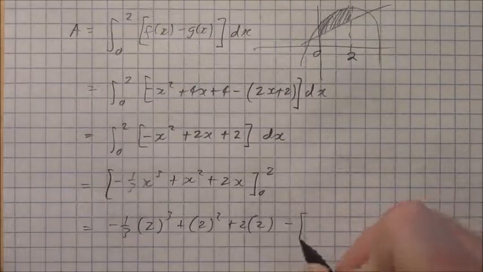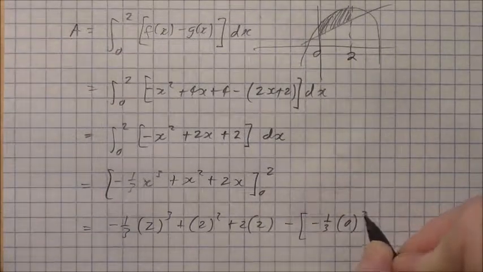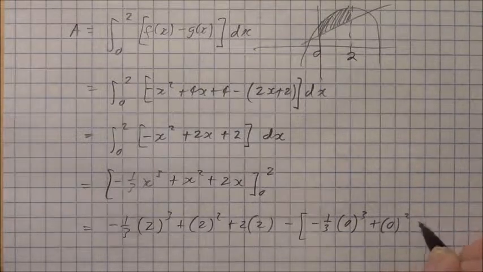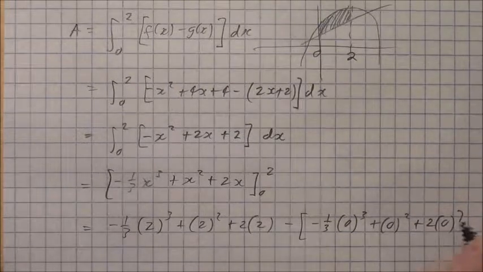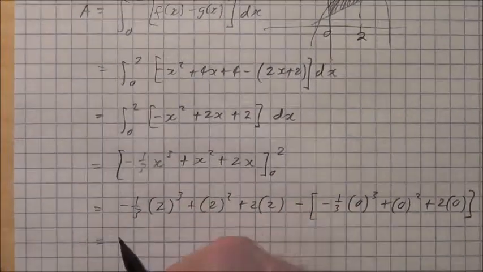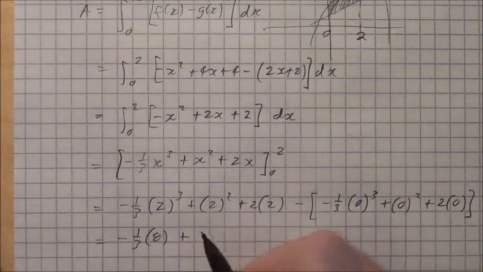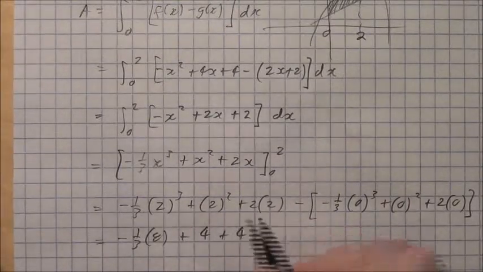I guess just for being complete, I will do that to show you that it all just disappears. And so then I just work this out. 2 cubed is 8, 2 squared is 4, plus 4.